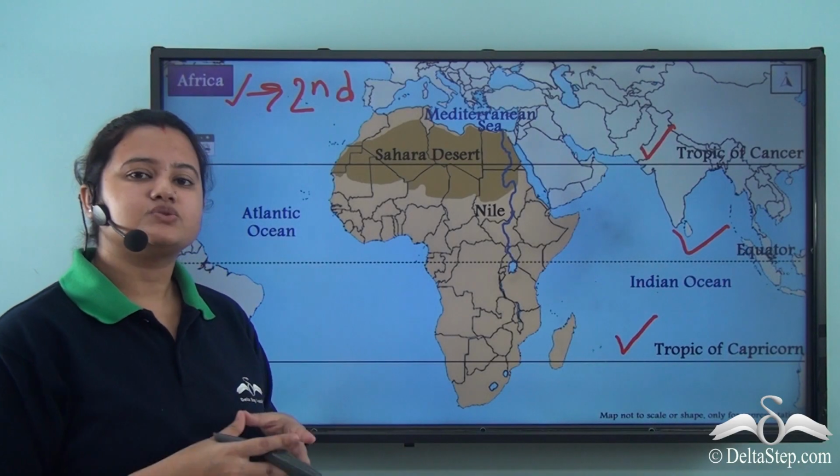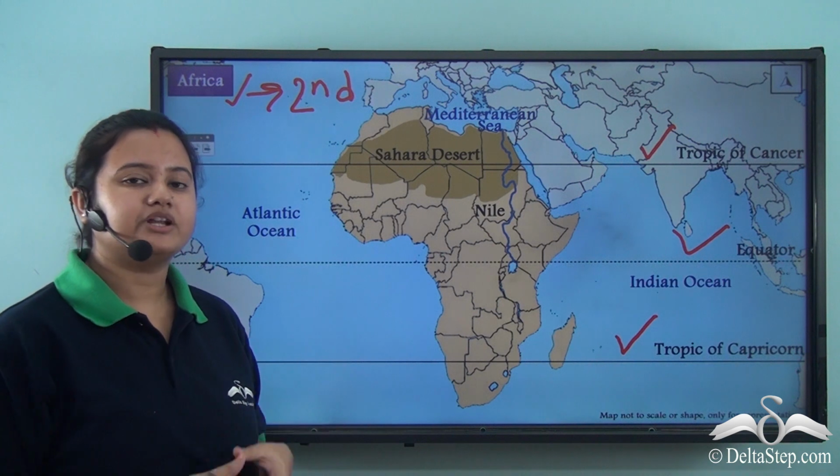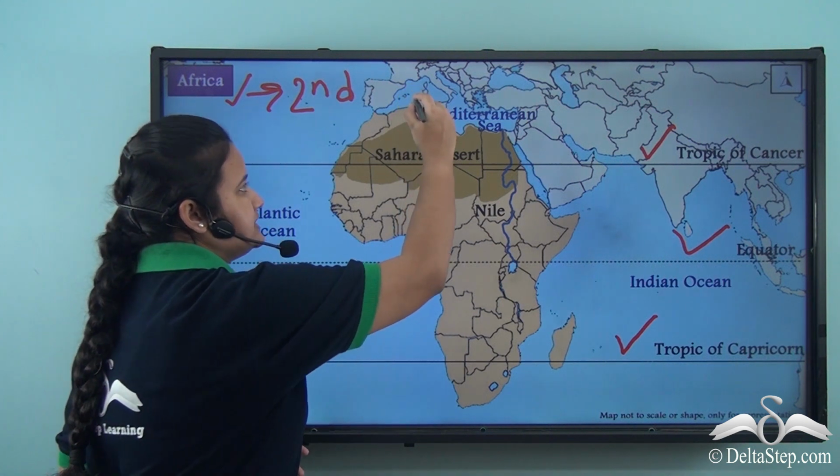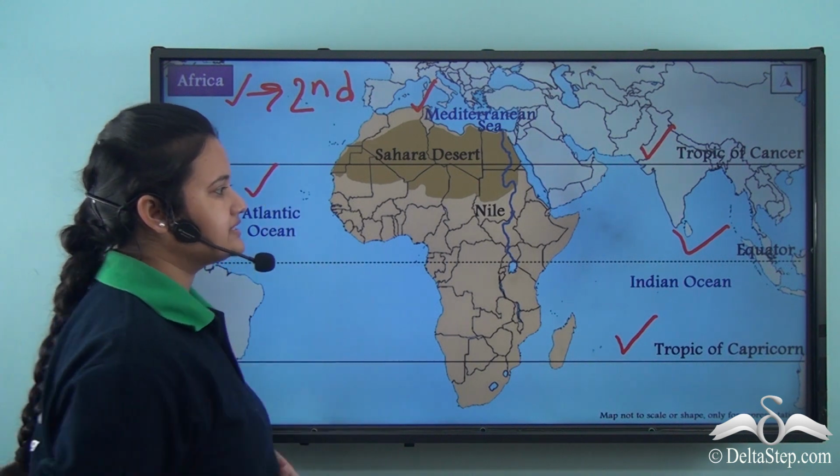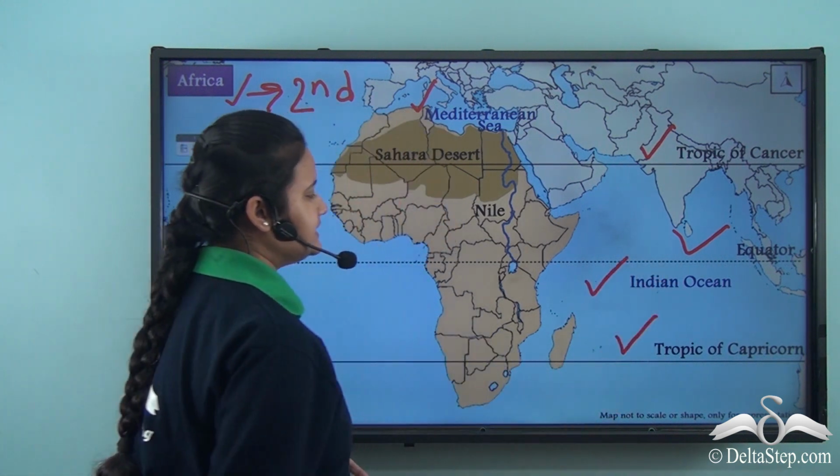This continent, as we can see here, is mostly surrounded by water bodies, that is Mediterranean Sea in the north, Atlantic Ocean in the west and Indian Ocean to the east.